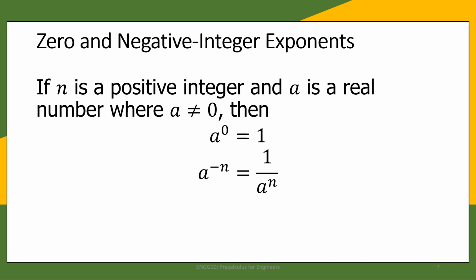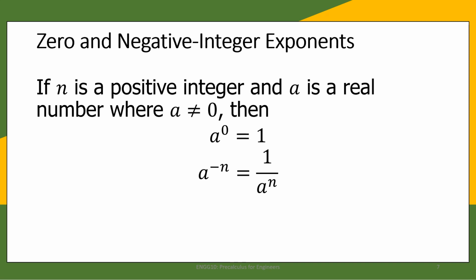On the other hand, if we have a negative exponent, say a raised to negative n, to simplify a negative exponent, of course, we need to transform these negative exponents into positive exponents. So if an expression contains a negative exponent, it is not simplified yet. So we need to transform those expressions with negative exponents into expressions with positive ones.